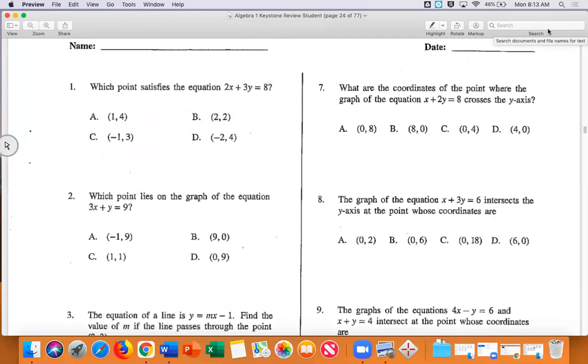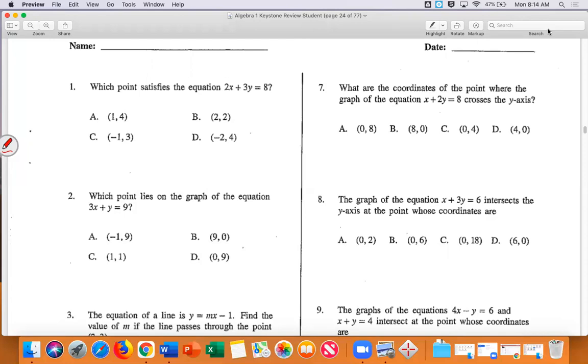All right, what are the coordinates of the point where the graph of the equation x plus 2y equals 8 crosses the y-axis? You got any idea for that? All right. I actually am really glad you chose C. Okay. There's a few things I want to go over with you.